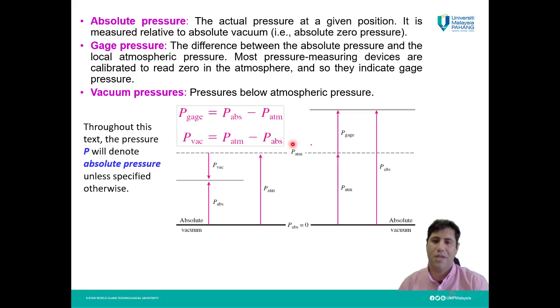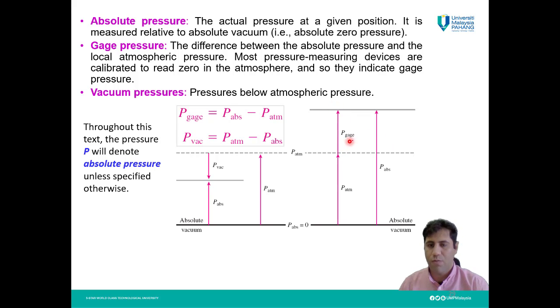Okay, so let's see this diagram. This is P atmosphere. We have this pressure everywhere on Earth. But sometimes, for example in a tire, we use some kind of air pressure. We increase the pressure to increase its volume, actually. So the pressure is higher.